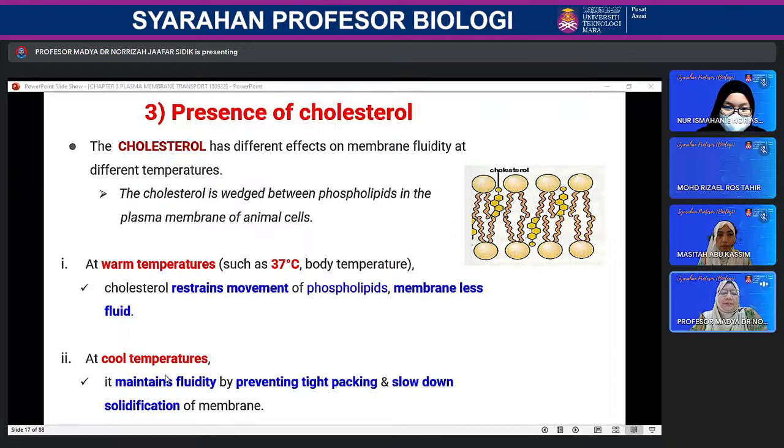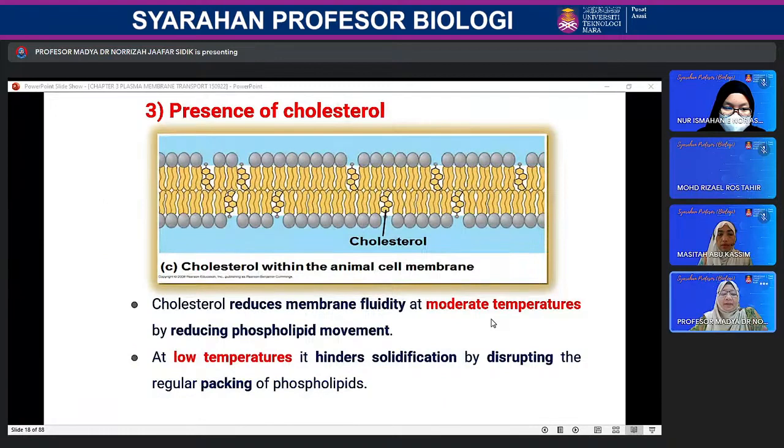At cool temperature, it maintains the fluidity by preventing tight packing and slows down the solidification of the membrane. So these are the importance of cholesterol, right?